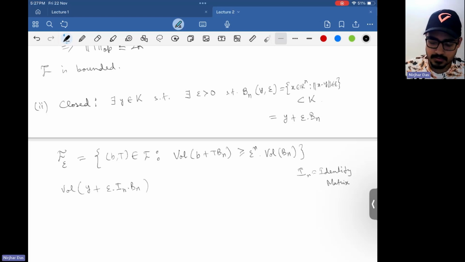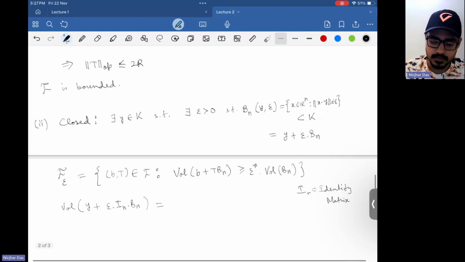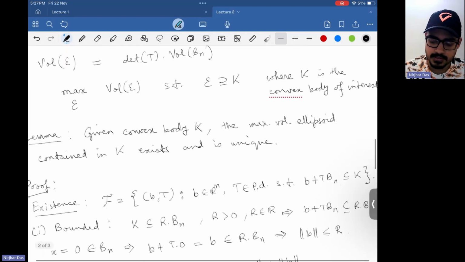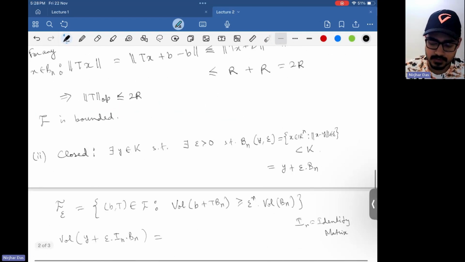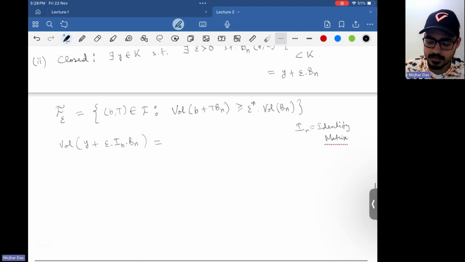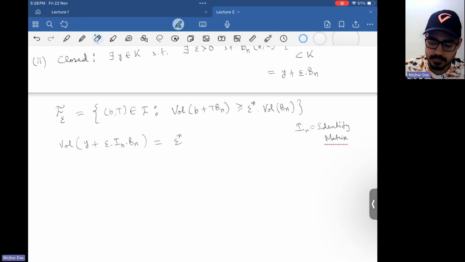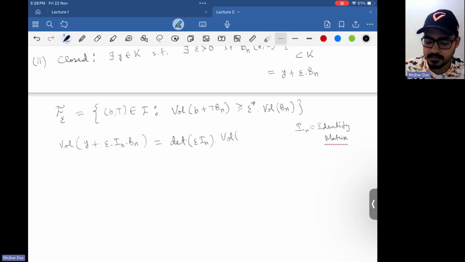This is given by the formula for the volume of ellipsoids. Let me break it down: it's the determinant of epsilon I_n times the volume of Bn, and this is nothing but epsilon to the power n times the volume of Bn.